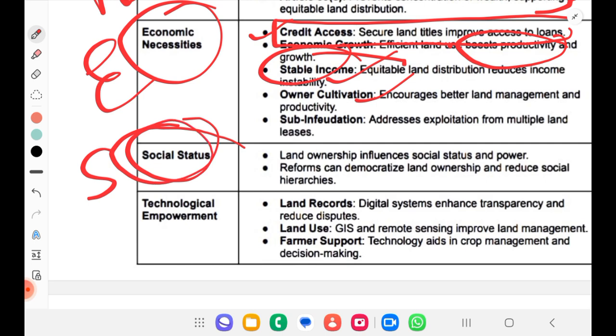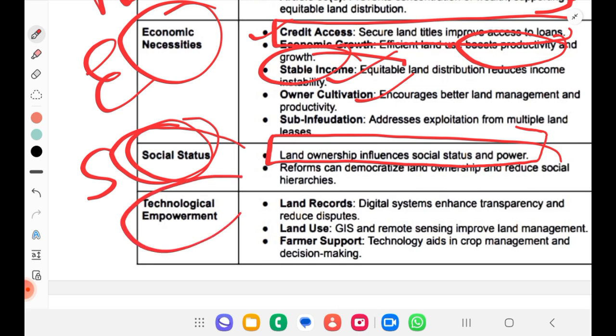Social status: land ownership influences social status and power. That is what we are talking about, societal inequality, right? Reforms can democratize land ownership and reduce social hierarchies. So if there is proper reformation, there will be proper status spread also. Then comes science and technology. Technological empowerment: land records and digital systems enhance transparency and reduce disputes.